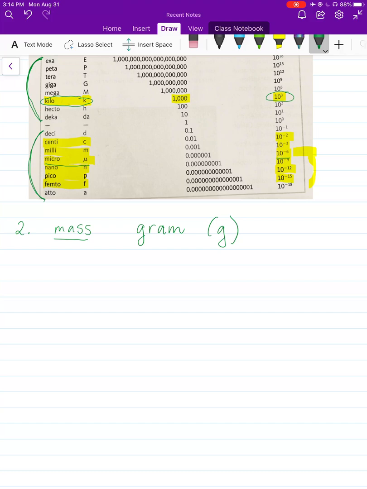And just like with the meter, you can use prefixes to scale it up or down. For example, 1 milligram is 10 to the minus 3 grams. Another way of saying that is 1,000 milligrams is equal to 1 gram. So milligrams are smaller than a gram, so there are many of them in a gram.